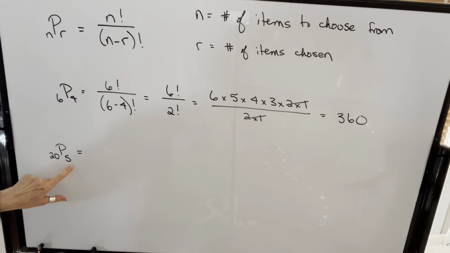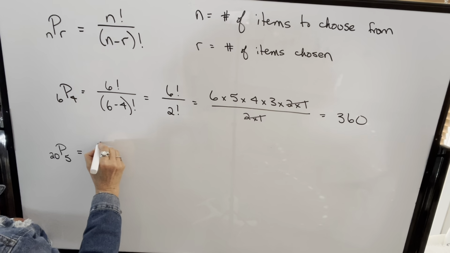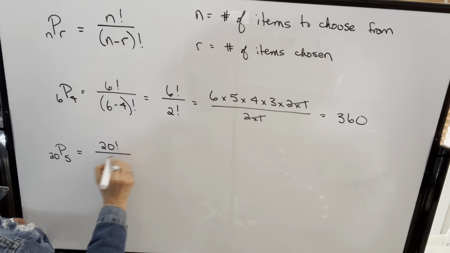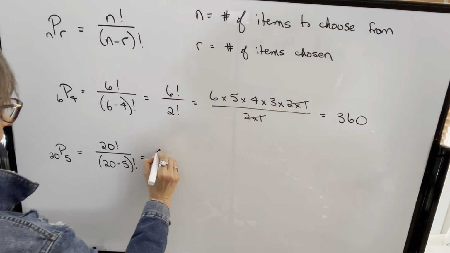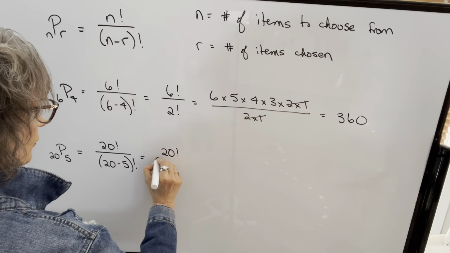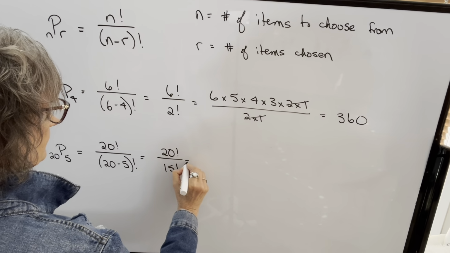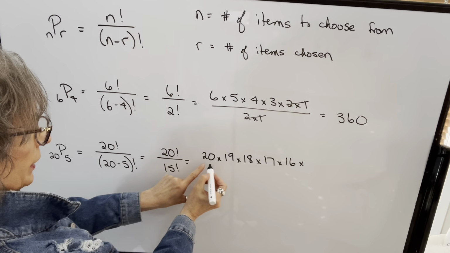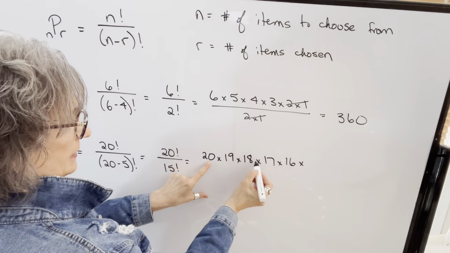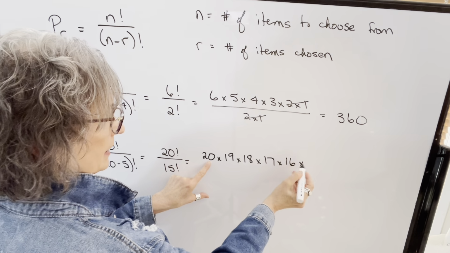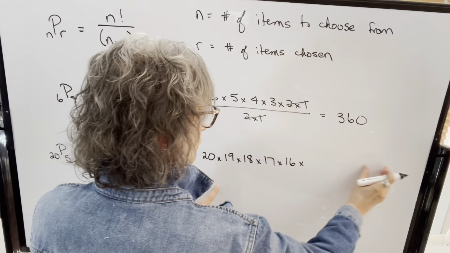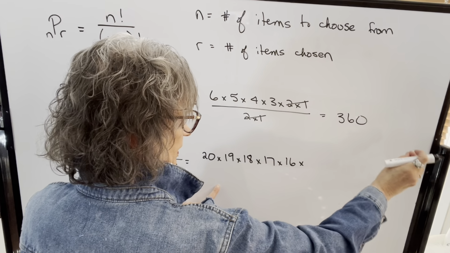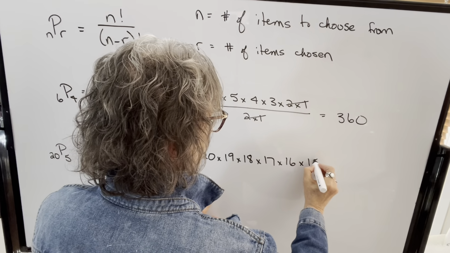Let's take a look at choosing 5 out of 20. How many different arrangements are there? It would be 20 factorial divided by 20 minus 5 factorial. That's going to be 20 factorial over 15 factorial. So 20 factorial is 20 times 19 times 18 times 17 times 16. Now because I have 15 factorial in my denominator, instead of continuing 15 times 14 times 13 and so on, I'm going to write that as 15 factorial.